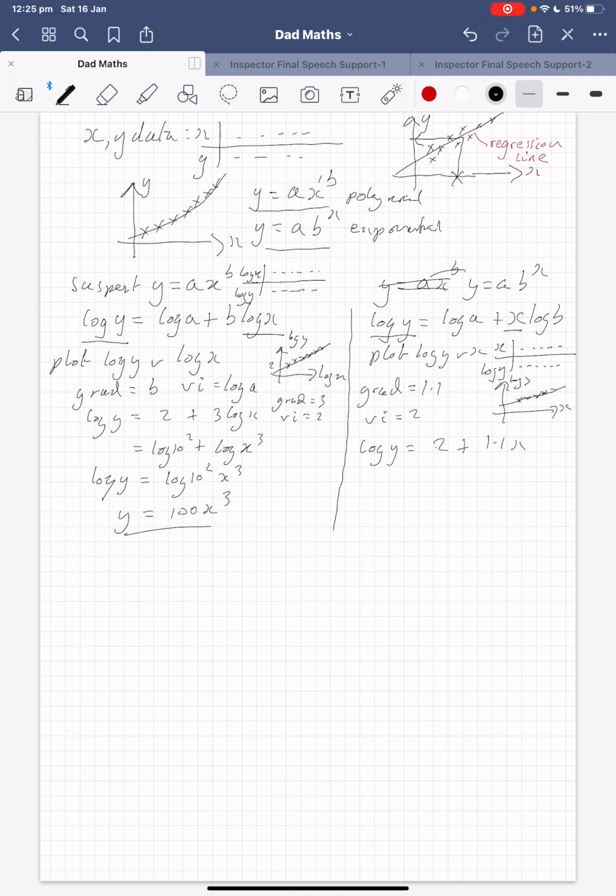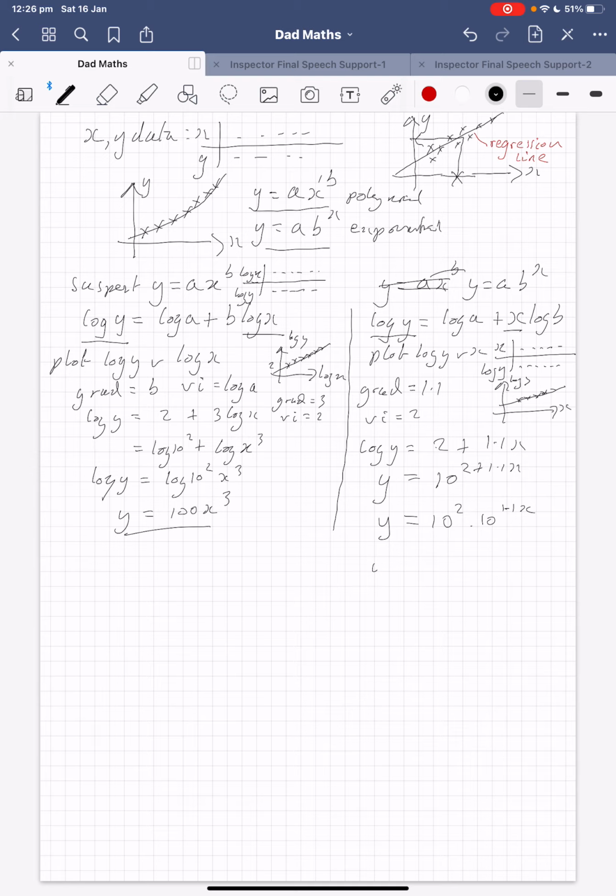Or you can use log rules in reverse. If we have log to base 10, we treat the whole of the right-hand side as a single number. We get y equals 10 to the 2 plus 1.1x. Then using the laws of powers, you get 10 to the 2 times 10 to the 1.1x.